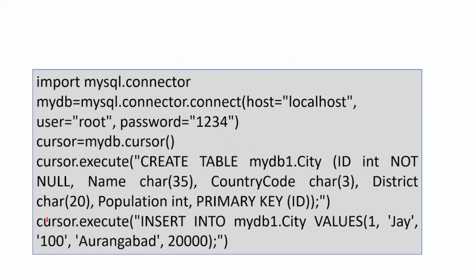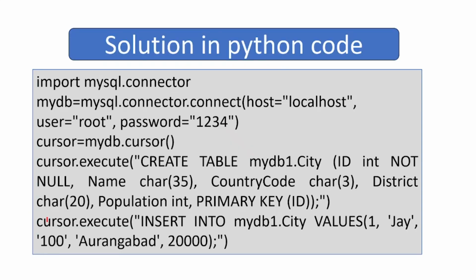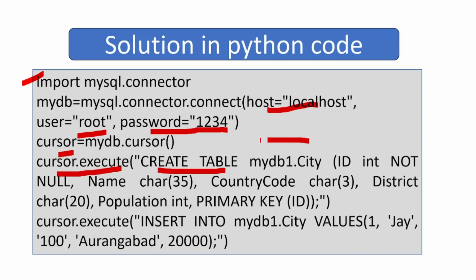Okay, now this is the solution in Python code. In my previous video I have already shown you what code we need to write to connect with MySQL and to access that data or create the table using Python code. So: import mysql.connector, then mydb = mysql.connector.connect, host is localhost, user is root, and password is 1234. Here cursor is equal to mydb.cursor and then cursor.execute, create table city.